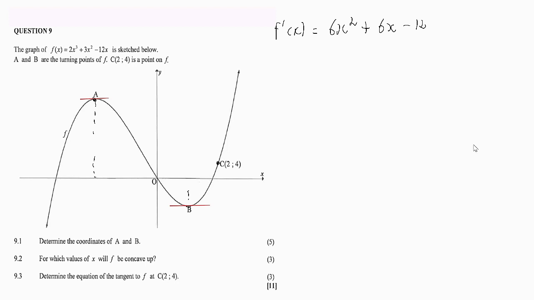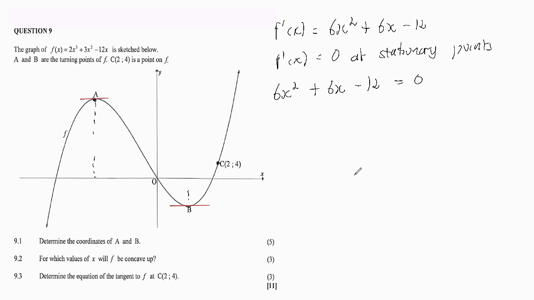So what are we going to do? We want to take that derivative equation and equate it to 0. So we say f'(x) = 0 at stationary points. And this is how we calculate now: 6x² + 6x − 12 = 0.